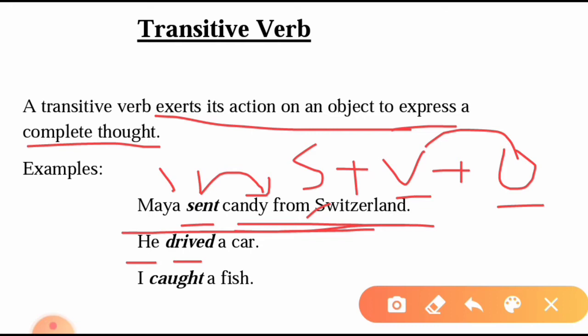Which type of verb? It is a transitive verb because it requires an object to complete a thought or to make complete sense. Another example: I caught a fish. Now you can see the verb caught is followed by an object, which it requires, so we can say it is a transitive verb in this sentence. So this is the transitive verb which really requires an object to express a complete thought in a sentence.